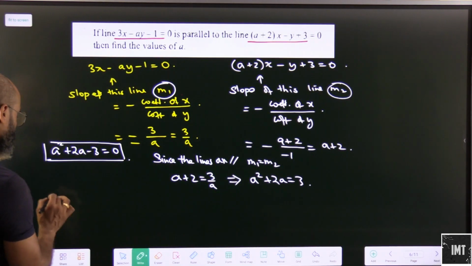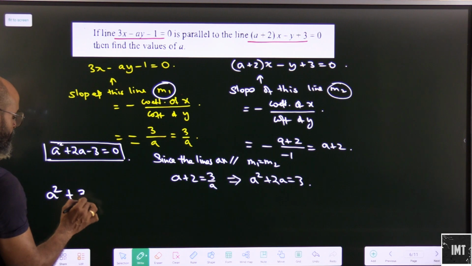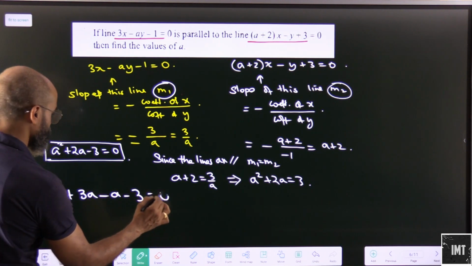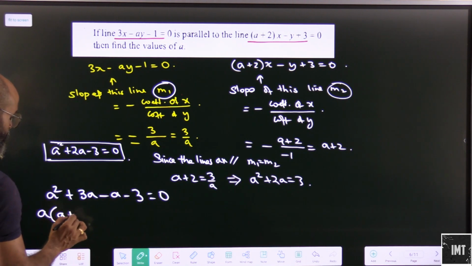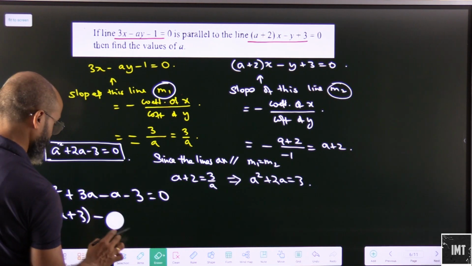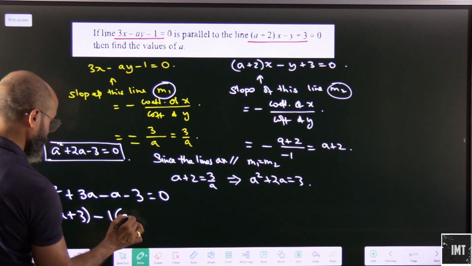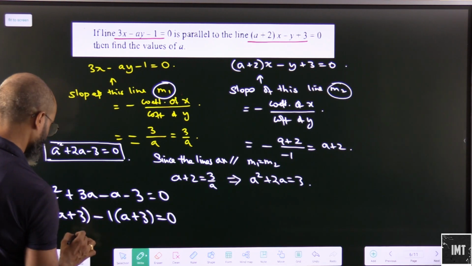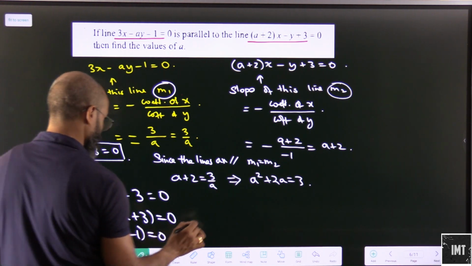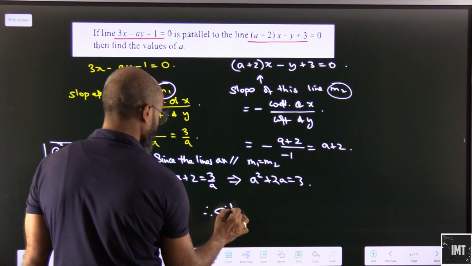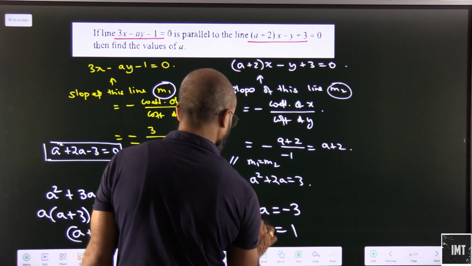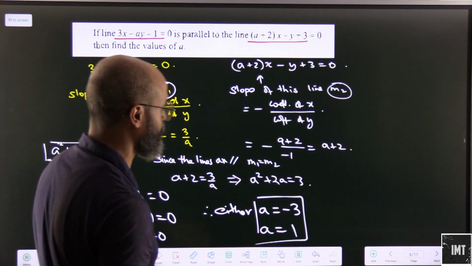Splitting the middle term, 3a minus a minus 3 is equal to 0, which gives a into a plus 3 minus 1 into a plus 3 is equal to 0, which gives a plus 3 into a minus 1 is equal to 0. Therefore either a is equal to -3 or a is equal to 1. Those are the values of a.